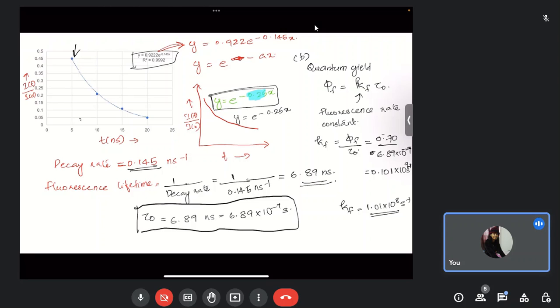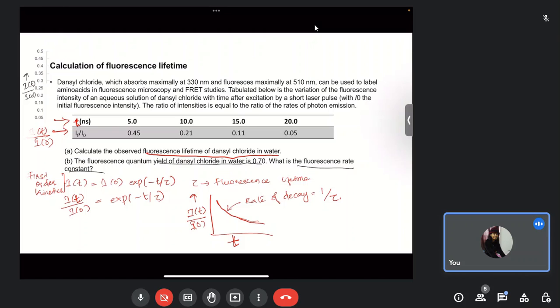You have to fit the data points correctly to an exponential decay function to get the correct decay rate. Here I fitted it to a wrong equation, which gives a wrong decay rate. Please try it by yourselves to get the correct decay rate. The data points have been given in the slide before.